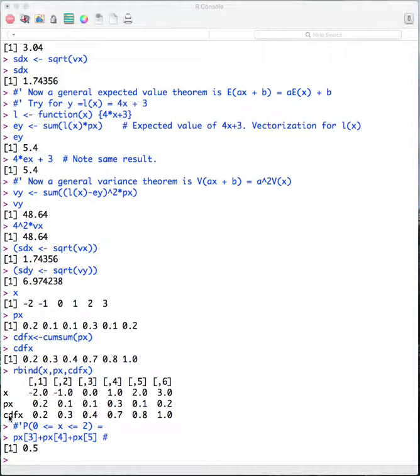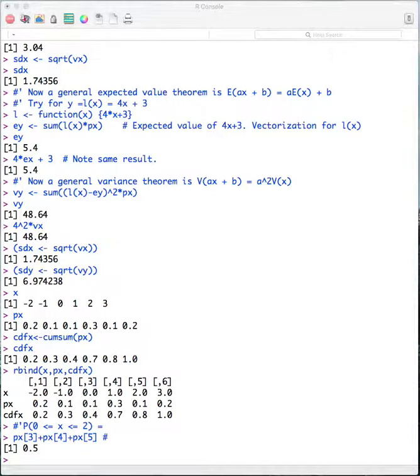But if you look over here, CDFX of 5 is the probability of everything less than or equal to 5. Now, unfortunately, it includes the 0.2 and the 0.1 for -2 and -1. And actually, I guess it also includes the 0.1 from a 0.